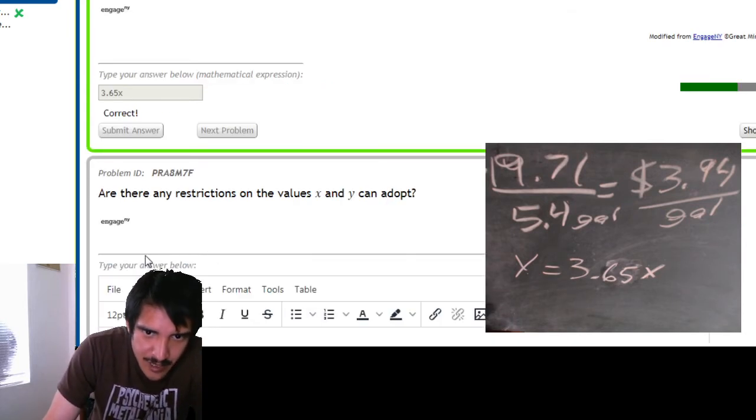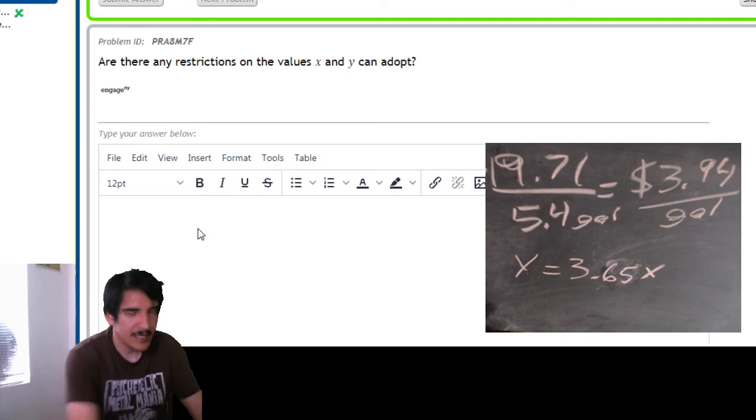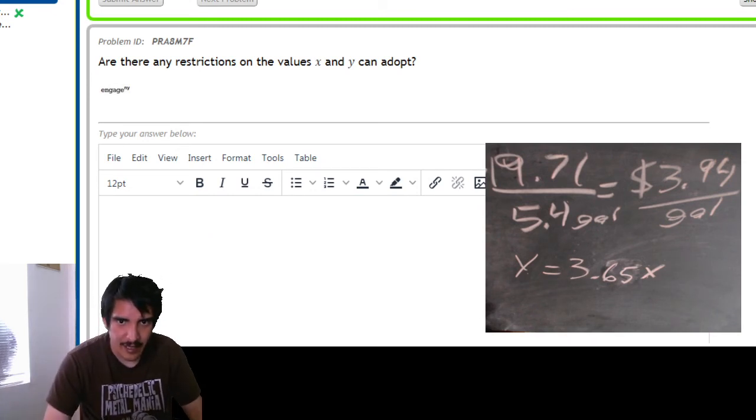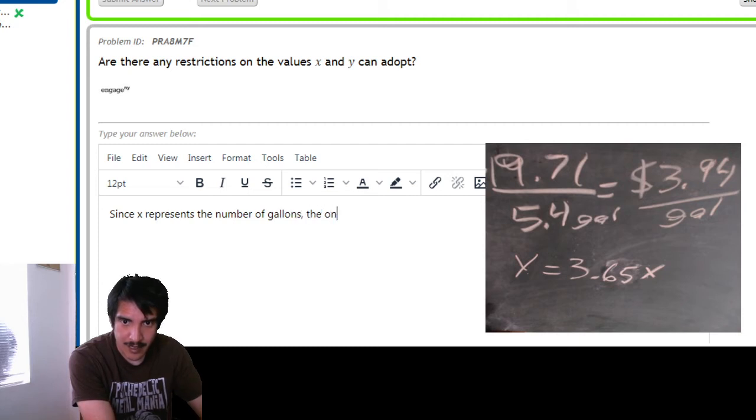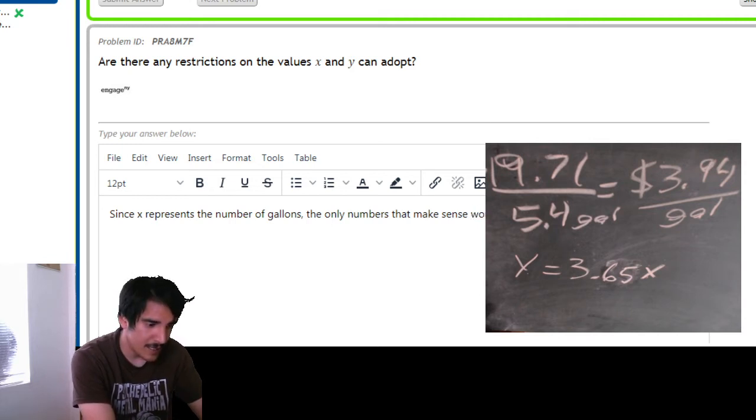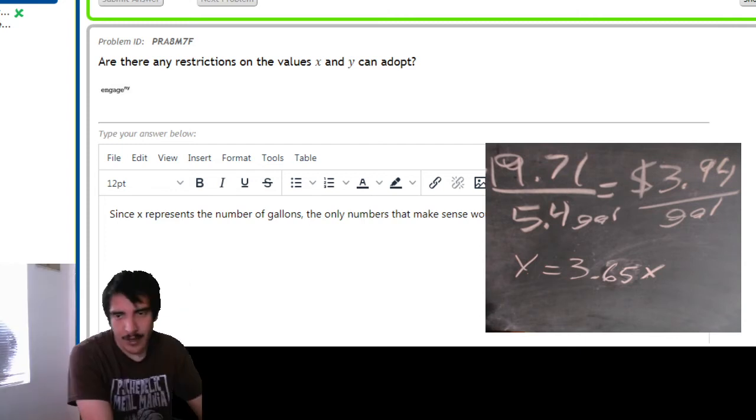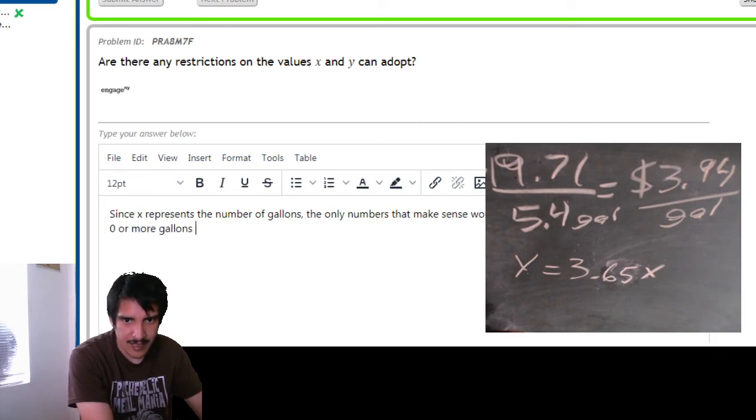Are there any restrictions on the values that x and y can adopt? And I'm going to write, just like we said yesterday, since x represents the number of gallons, the only numbers that make sense would be 0 or more. Because you can only buy 0 or more gallons of gas.